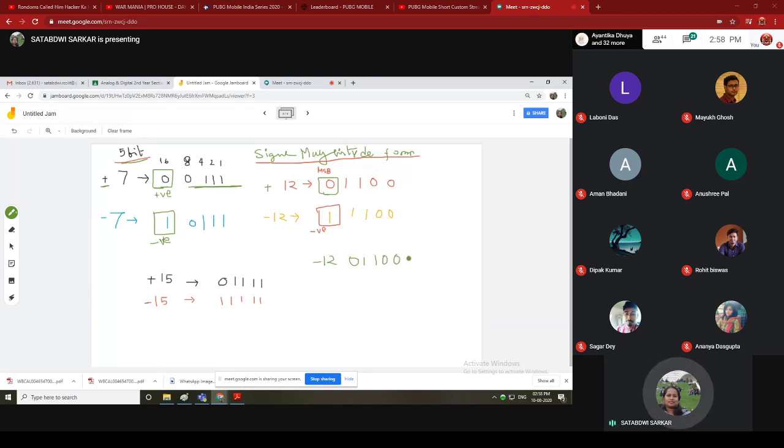If we convert it into 1s complement, it is 1 0 0 1 1. Now we have to add 1.